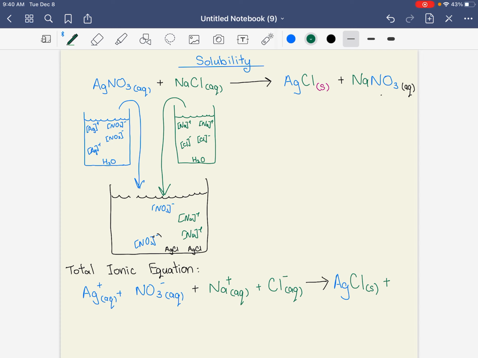So you have, oh, I'm running out of space. Na plus, okay, and NO3 minus. That will also be in aqueous state. Okay, that is a total ionic equation. Really just illustrating exactly what's happening inside a solution.